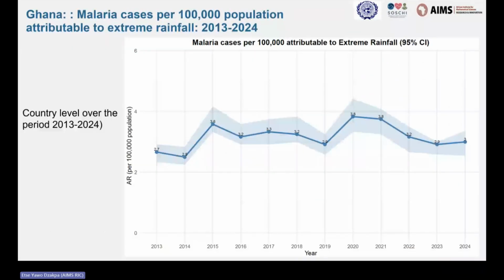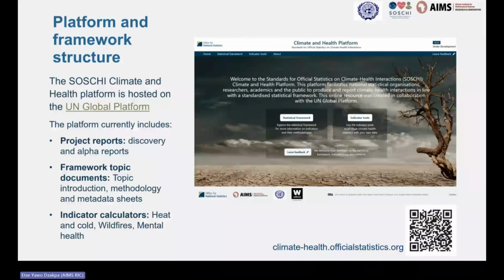So as I said earlier, our objective is to have the indicators, but not only the indicators, also a platform. So we come up with this platform that we are using for calculating the indicators. Once you go to this platform, you have the possibility to input your data and to download, for example, the results that you have.